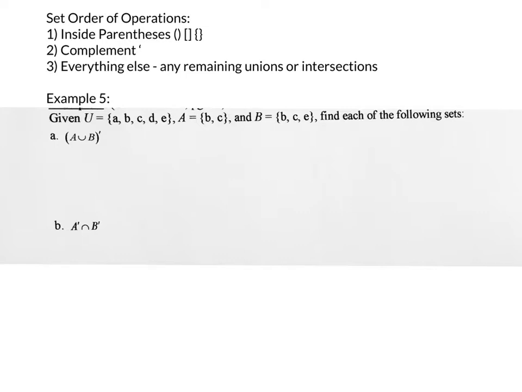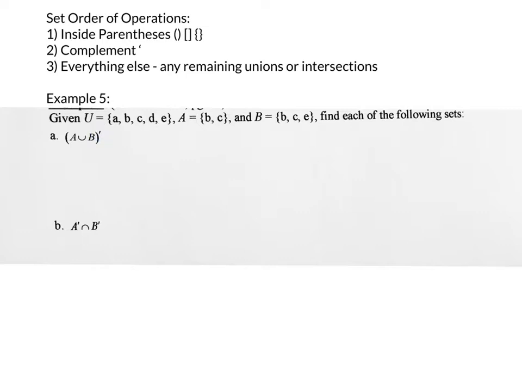So part A, in parentheses, they have A union B. Remember, the U in between 2 capital letters, when it's opening up like that, is a union U. So they have A union B, or A united with B. And then outside the parentheses, I know it's kind of hard to see on the slide here. It'll be easier to see in my math lab. But there is an apostrophe, or a complement, floating outside those parentheses.